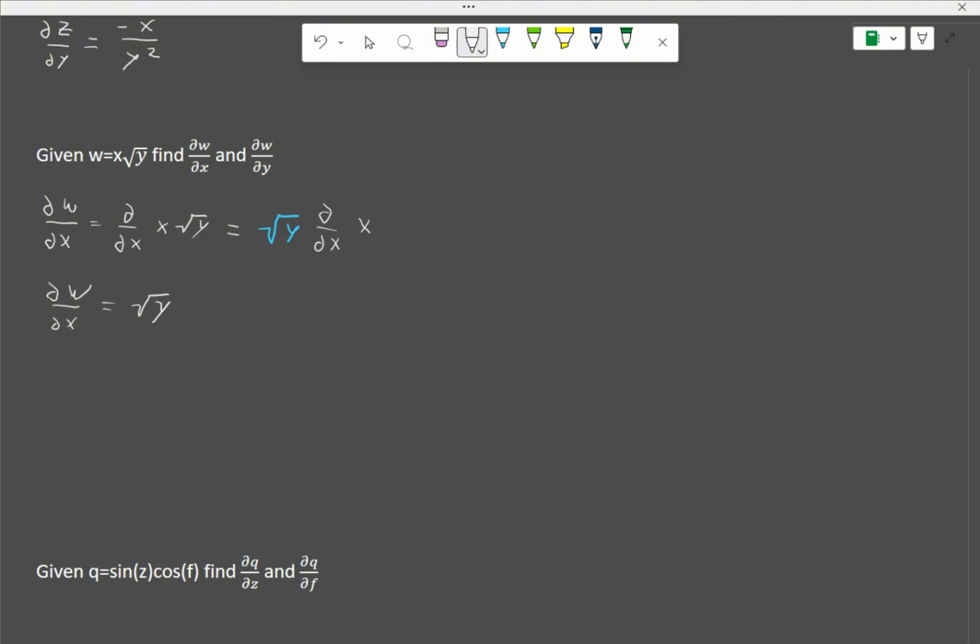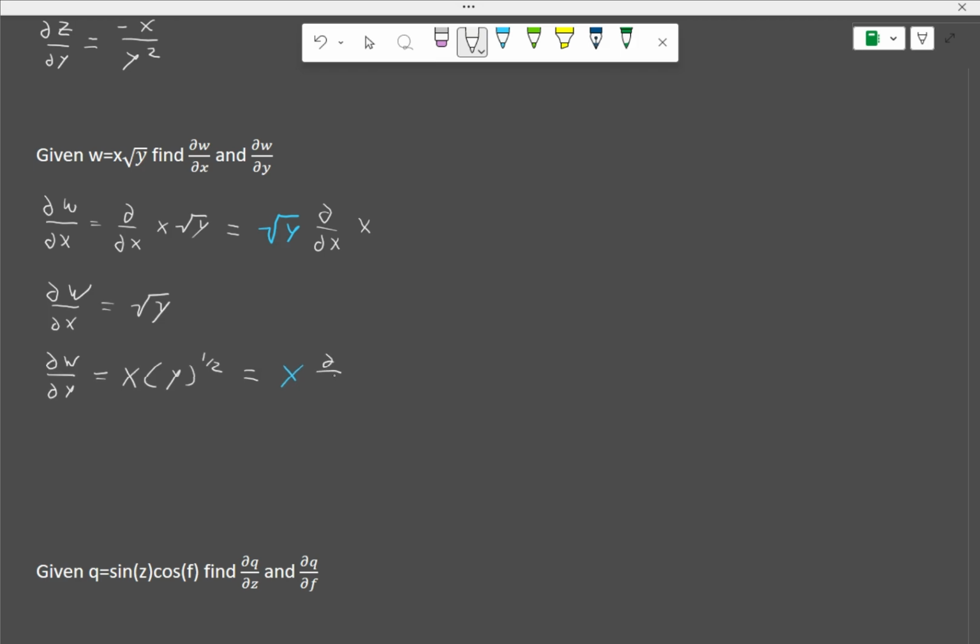Now for y, we can rewrite this. So the partial derivative of this function with respect to y, we can rewrite it as x times y to the 1/2. And then we can just pull out our quote-unquote constant of x and use the power rule for derivatives to solve for this.